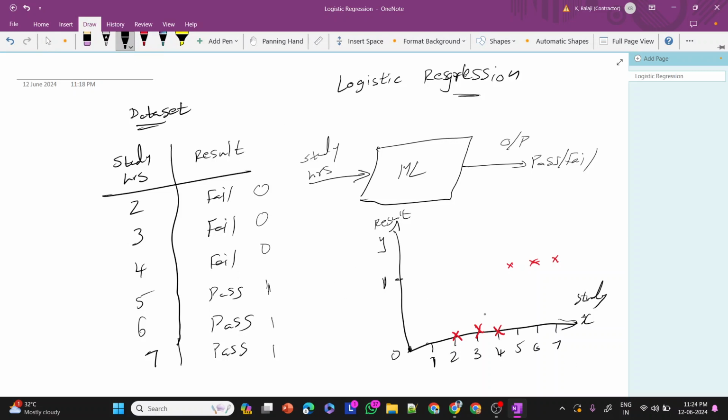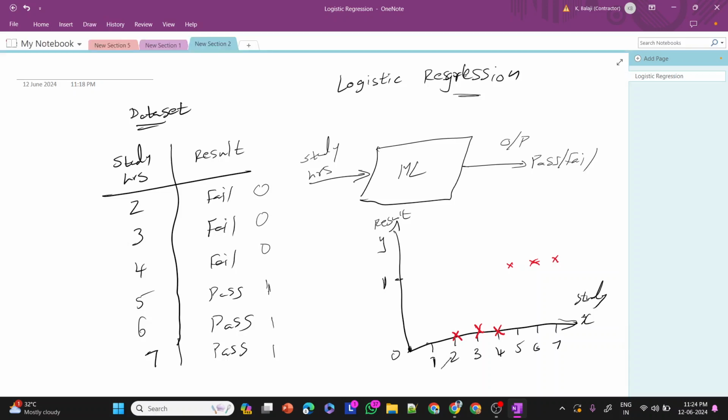Whenever we solve this problem using linear regression with this data set, we can get a best fit line here, because whenever we draw this line in this form on this data set, we can get minimal error.